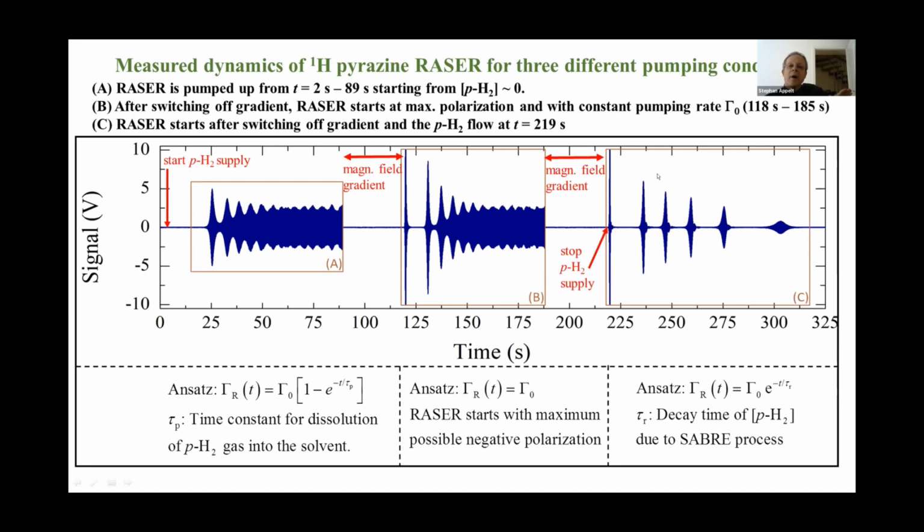For 1 minute, you see this, you could say RASER revivals, a revival, another revival, and the revivals decay with some kind of T1, and the width, if you look at the width of these revivals, becomes larger and larger. So in the initial state, we did not understand that, because standard theory says there's only one peak. If you switch off the parahydrogen, there's only one peak, and that's it. We did not expect here 5 other revivals to happen.